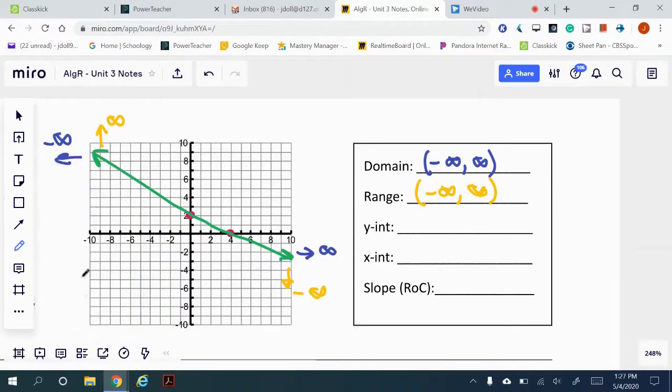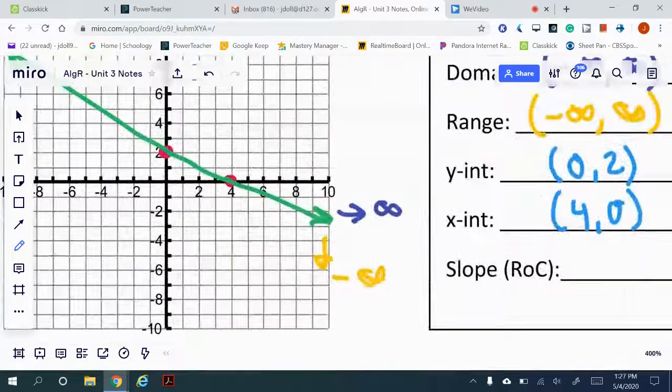The y-intercept and the x-intercept, guys, are really easy because we already found them with our work in the equation. What's going to take a little more doing here is the slope. But if you think back to target 1, if I understand what slope is, rise over run, I can count that from the coordinate plane.